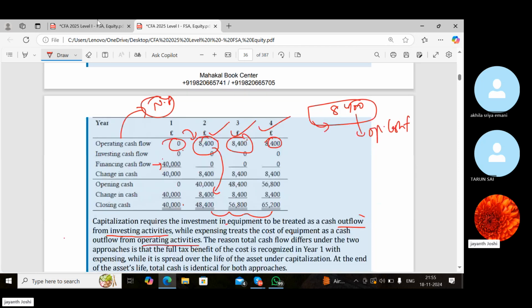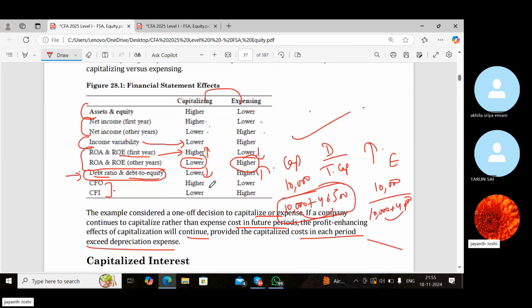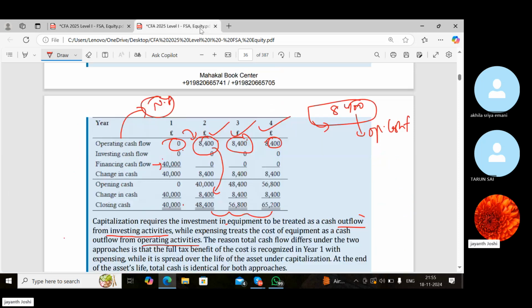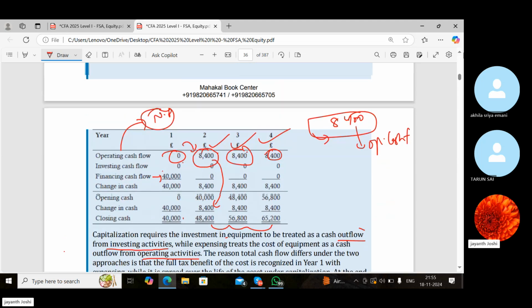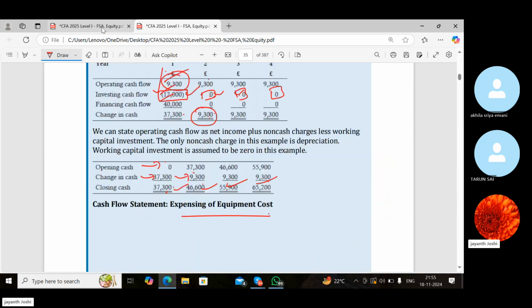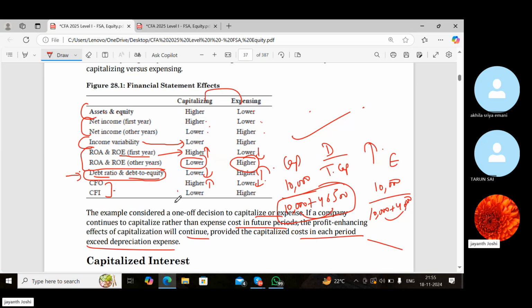Here nothing you have. So cash flow from operations is higher in the first year, here it is lower. And cash flow from investments, we have done the investment right here. So the money has gone out, it will be lower, and here we are showing nothing as investment, so it will be higher. This is the discussion regarding this particular topic.